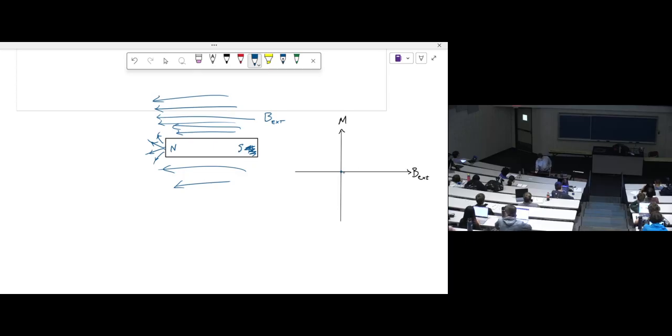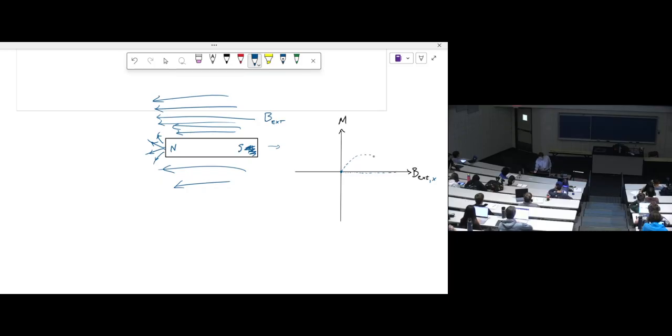But then I start cranking up the external magnetic field, and let's call this the X direction, so I'm going to be increasing the magnetic field this way. It turns out you get a very quick jump in the magnetization, and then eventually it levels off. I can keep cranking up the strength of the external magnetic field to 1 Tesla, to 2 Tesla, to 10 Tesla, but I can't magnetize it any further.